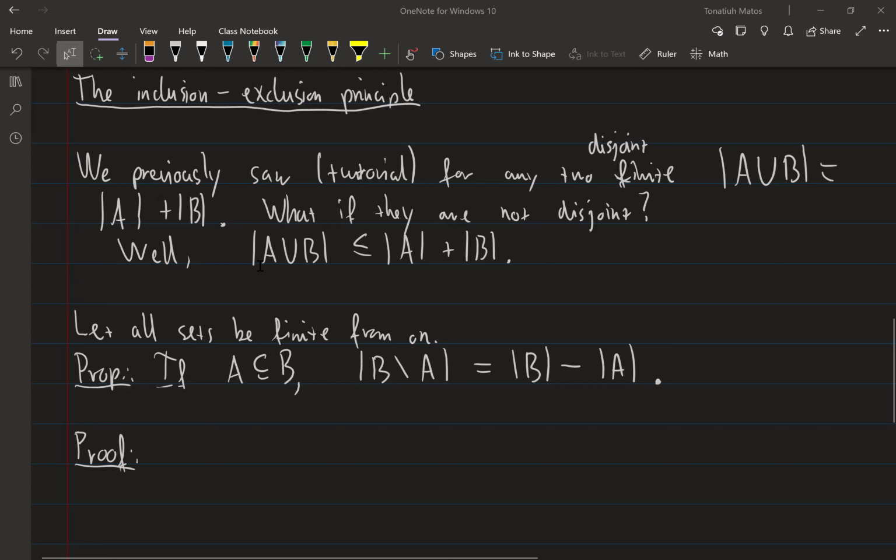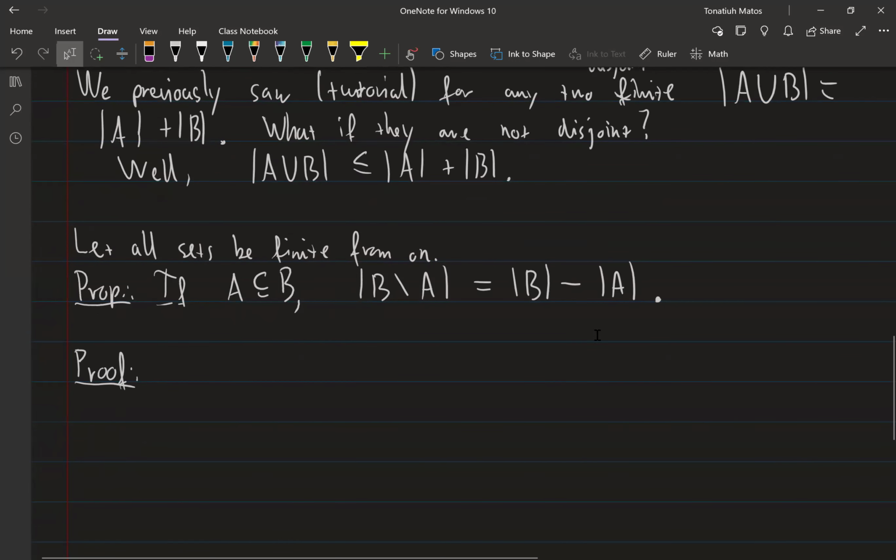Okay, okay, so I'm getting some other answers in the chat. Right. Okay, that seems like a good idea. Okay, so the suggestion in the chat says we should consider B minus A and the union. So what happens if I take B minus A and I take the union with A?